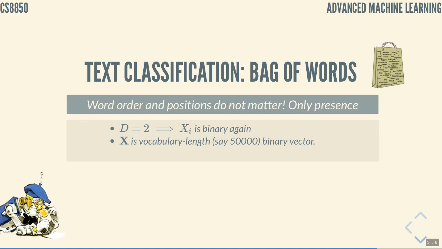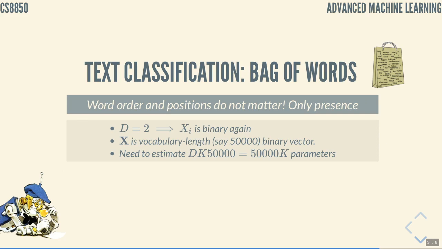If a word is present, the bit will be on, and for those words that are not within this email, it will be off. So now we have a 50,000-dimensional feature vector for each email, and it's mostly sparse. We now just need to estimate 50,000 times k parameters.